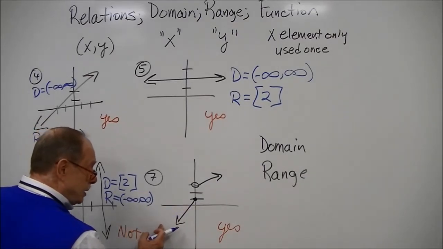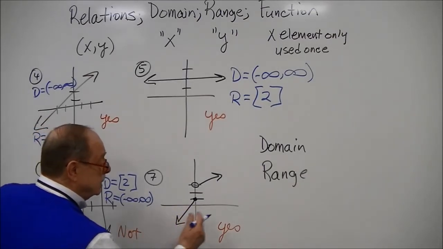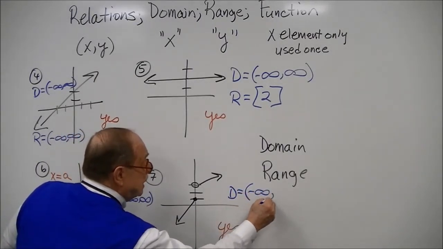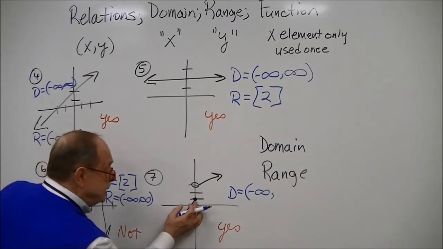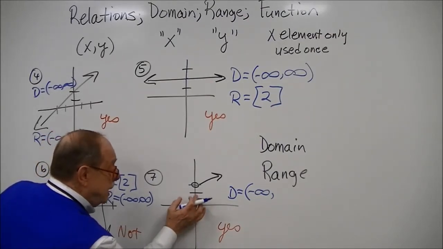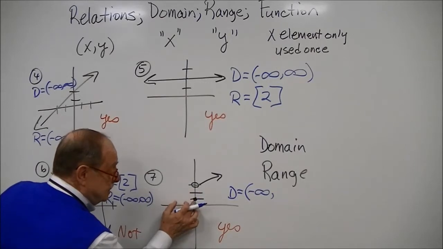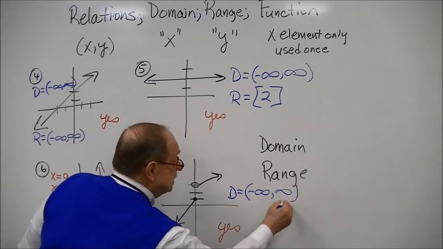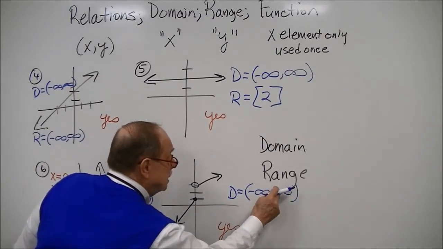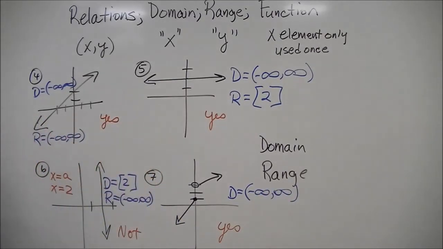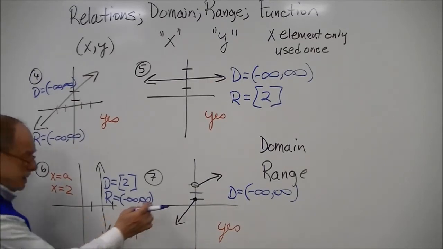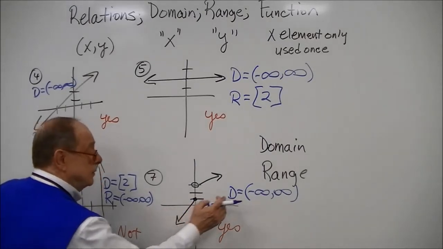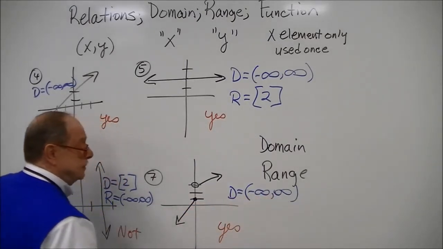So from here, negative infinity, and it gets here, and it actually picks up this because this dot is solid, and it goes to positive infinity. Because of the dot, there is a continuum from negative infinity to positive infinity.